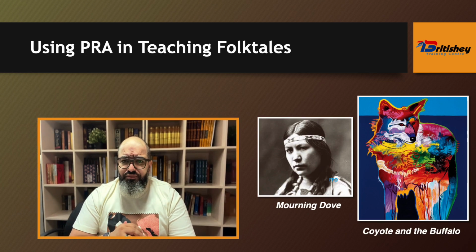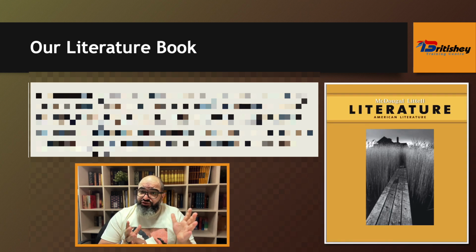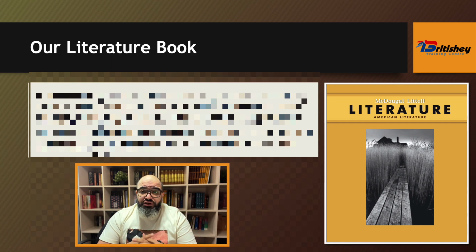Right, okay. And my friends, for that purpose, I'm going to use a wonderful book on American literature by McDougall Littell, as you see here in the picture. I'm going to use that book as my source for teaching Coyote and the Buffalo.